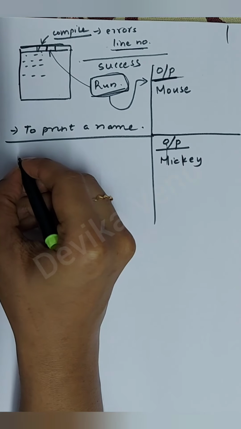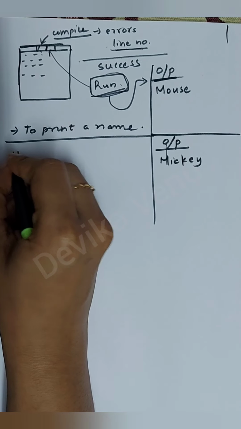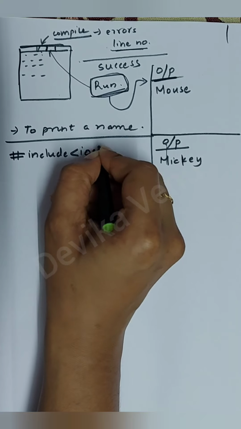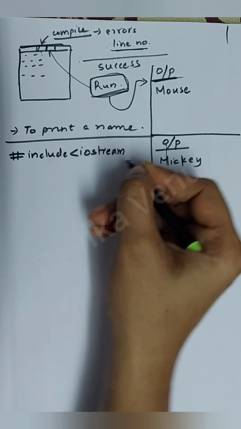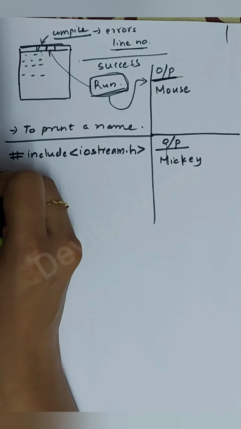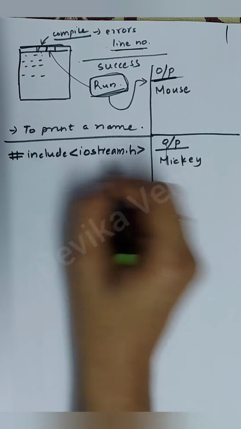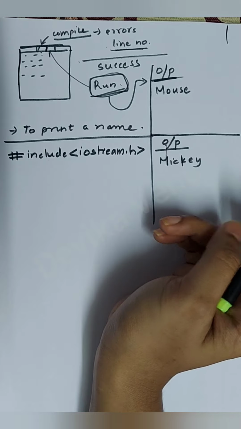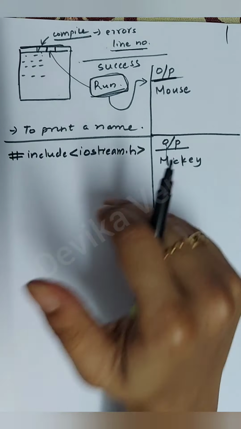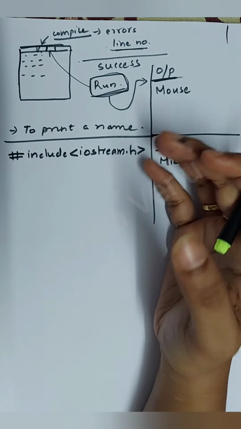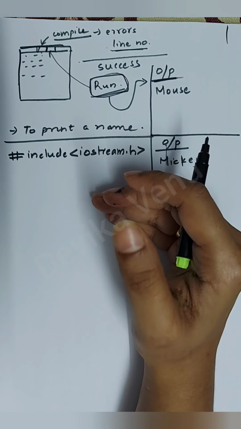So first I will write #include <iostream.h>. See, what is the first statement? #include iostream.h. It means that in the C++ programming platform, there are so many files which help you to write the program.